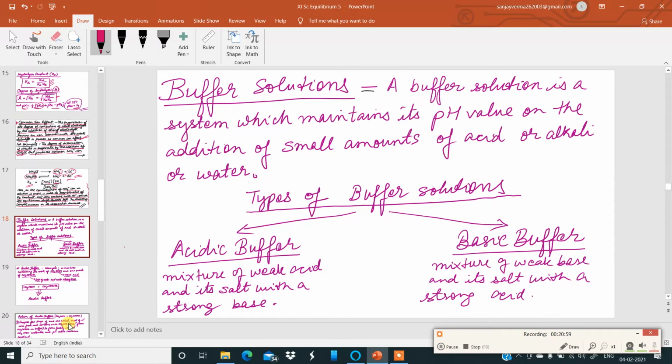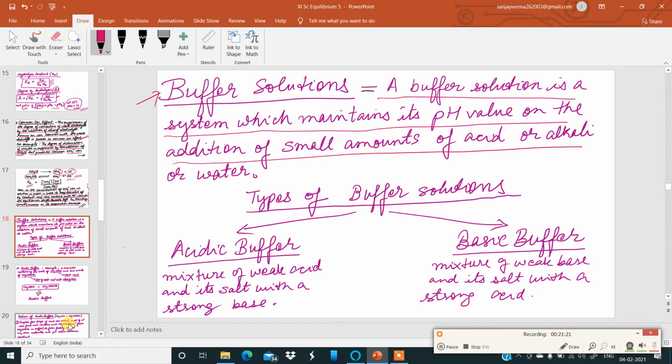Then the next concept which you must understand is buffer solutions. A buffer solution is a system which maintains its pH on the addition of a small amount of acid or alkali or water.